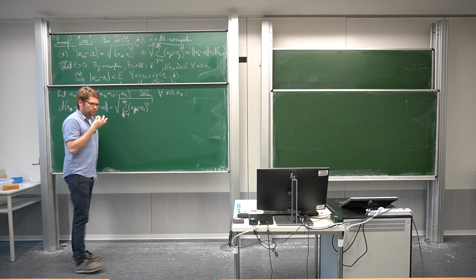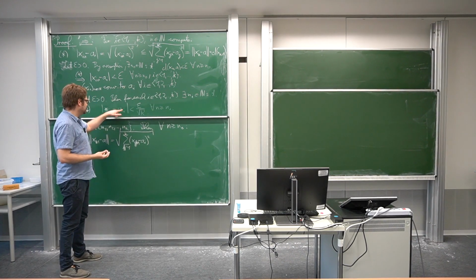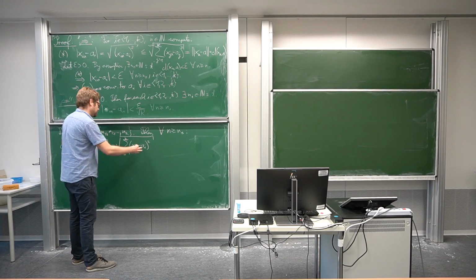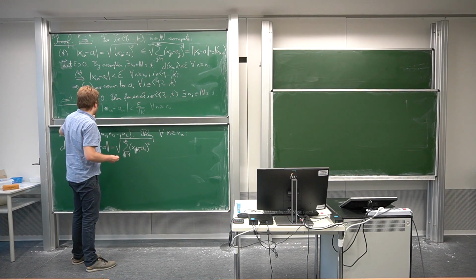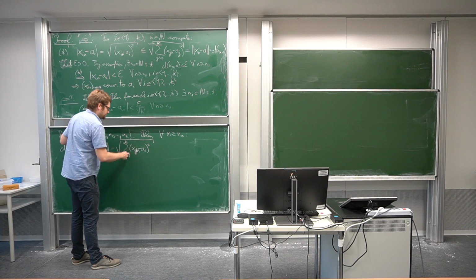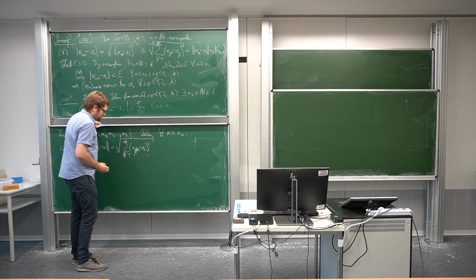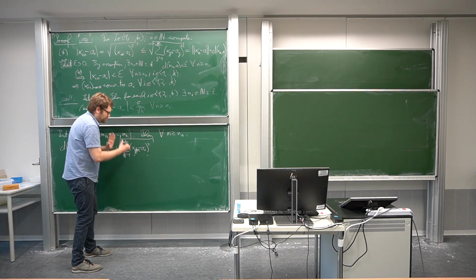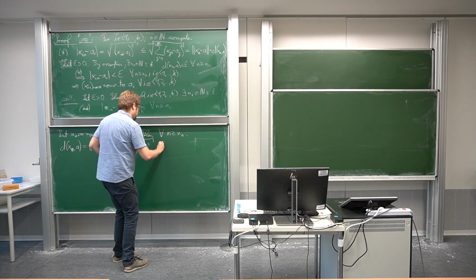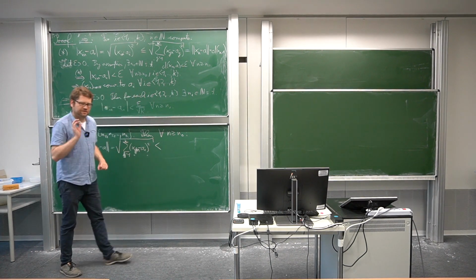And now again by the monotonicity of roots and by these inequalities, if I make the argument of the root bigger, then the root also becomes strictly bigger. So this is by strict monotonicity.